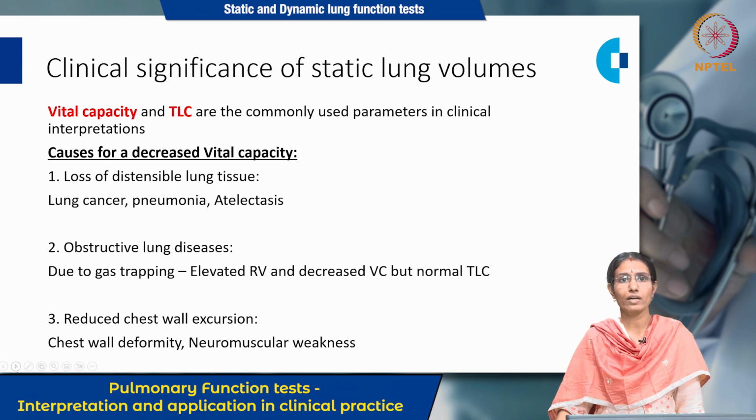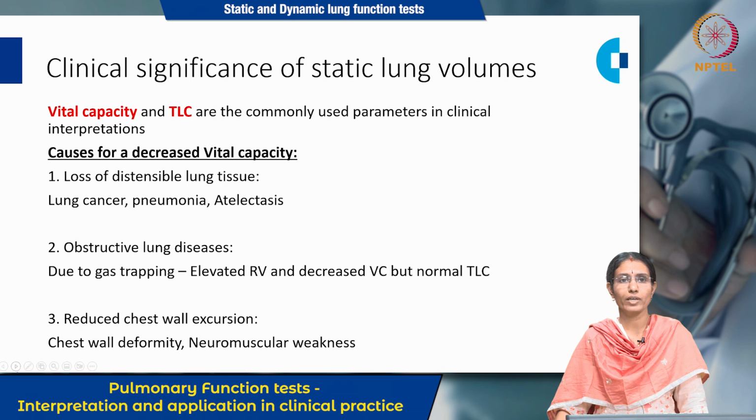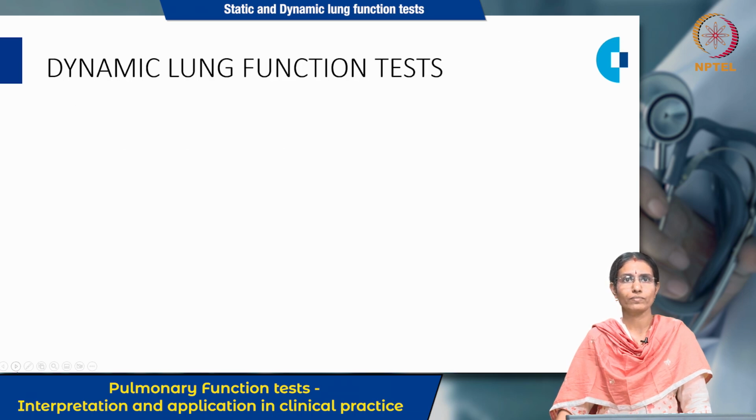In obstructive lung diseases, due to gas trapping, there can be an elevated residual volume and decreased vital capacity, but the total lung capacity will be normal. And with reduced chest wall excursions, which occurs in case of neuromuscular weakness or chest wall deformity, vital capacity can decrease. So, these are the causes for a decreased vital capacity. This is the clinical significance of knowing the static lung volumes.